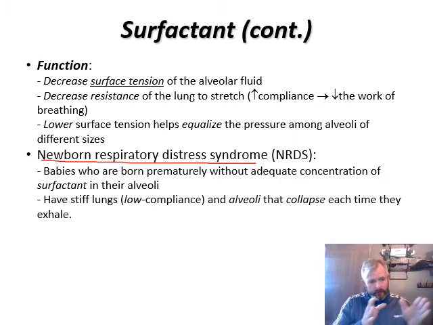If they're born before the time frame that surfactant starts to be produced in the baby's lungs, they'll have inadequate surfactant, and they're going to have lungs that have low compliance. They're not going to be able to stretch. They're going to have to work heavily to try to stretch these. And that's going to put distress on a baby, and also will affect the ability to successfully get enough gases in and get gas exchange.